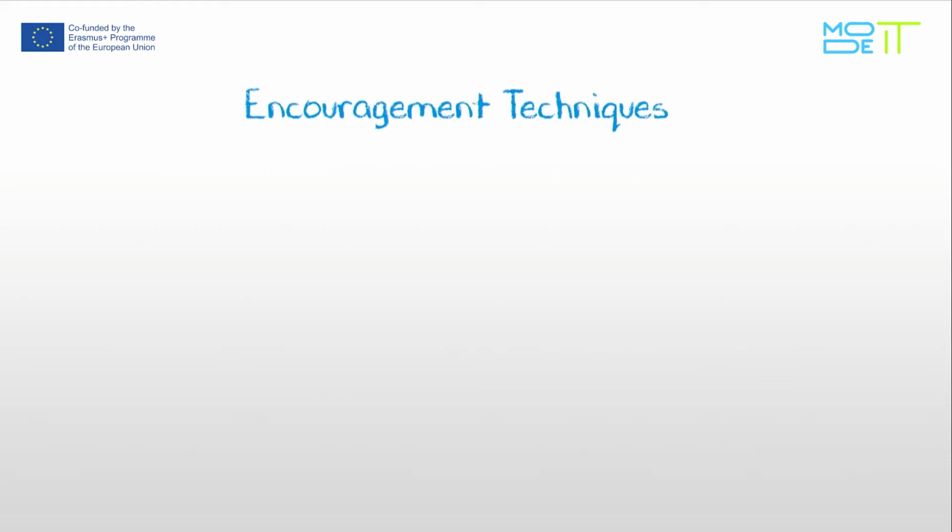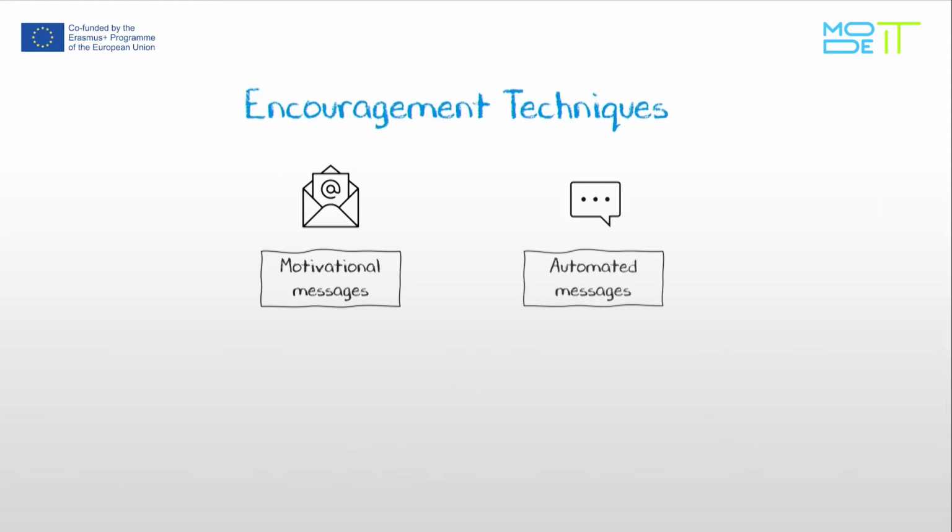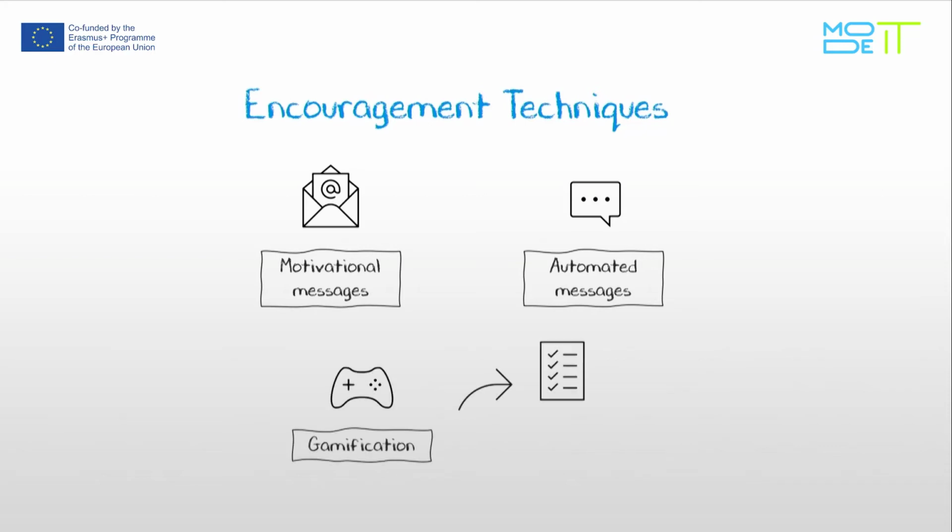Another technique to be used is using encouragement techniques. These encouragements can be in the form of motivational messages upon completing certain segments of the course, automated messages upon submitted assignments. There can even be a rewarding system such as incorporating elements of gamification like tasks to be completed, badges to be achieved upon achievements, and levels to complete.